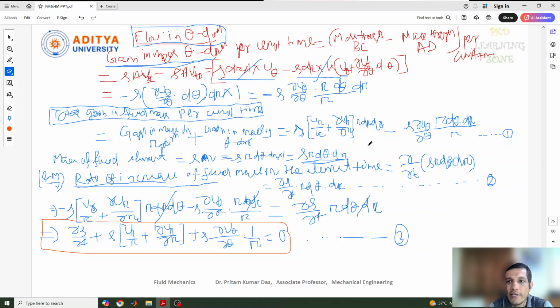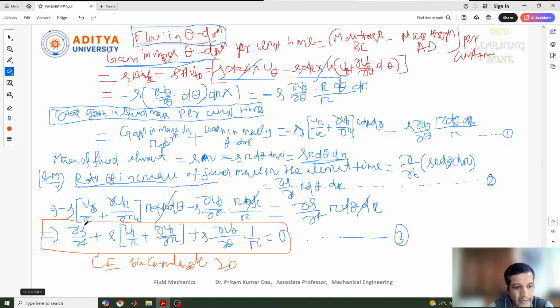So this equation we got here is the continuity equation in the polar coordinate system for two-dimensional flow. I hope you understand.